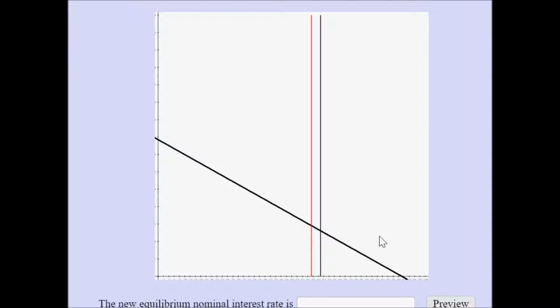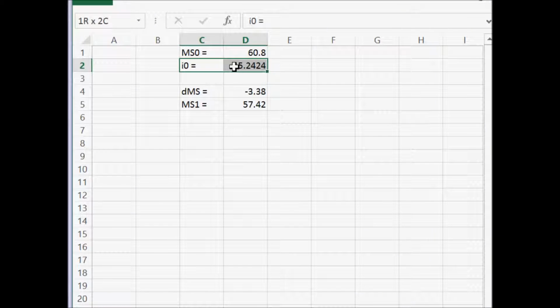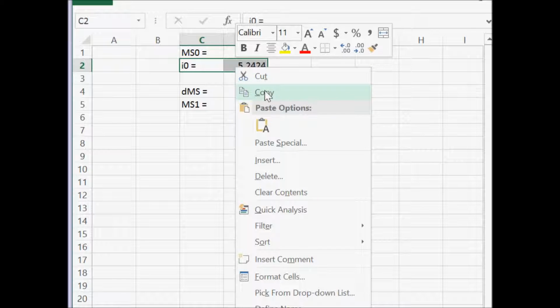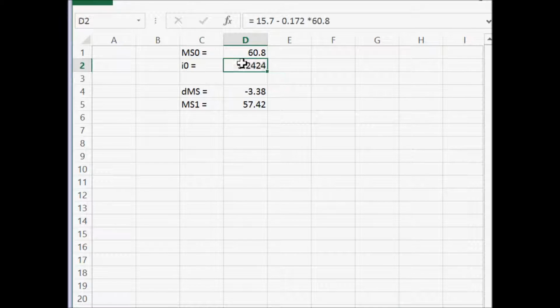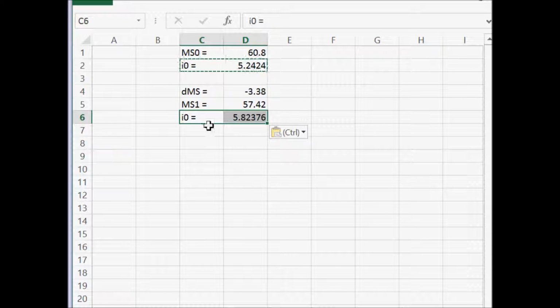Now I've got to calculate the new equilibrium nominal interest rate. So how I'm going to do that is I'm just going to copy this. I'm going to make one modification here real quick. Instead of typing 60.8, I'm going to click on 60.8. Now you're going to see why I did that in a second. Copying this below the final money supply calculates the equilibrium interest rate instantaneously.